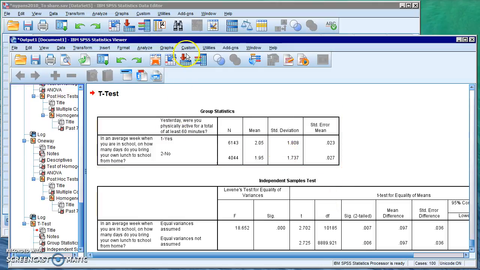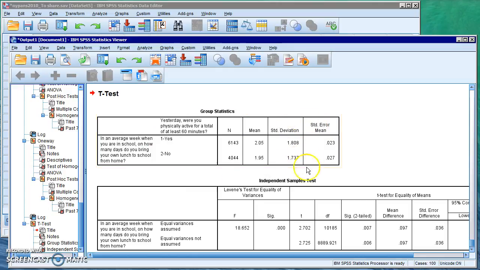And here it is. So we can look at the group statistics first, and this tells us that the mean for those who were physically active for a total of at least 60 minutes is a little greater than those who were not active for at least 60 minutes, only by a difference of about 0.2 in how many days they would bring their lunch to school.